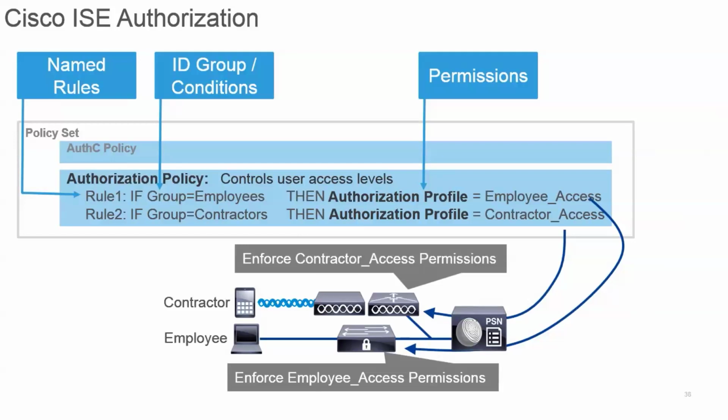So once either employee or contractor gets the authorization, you can see authorization success, this blue arrow. Then what type of authorization will they get?